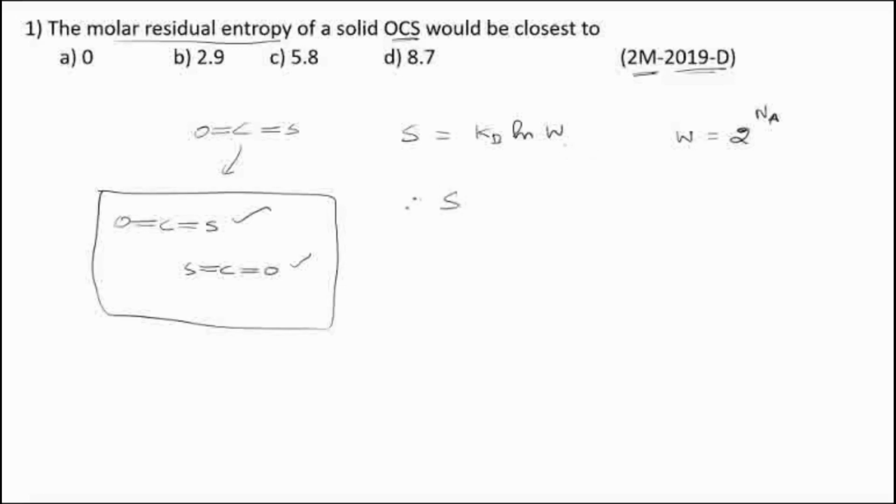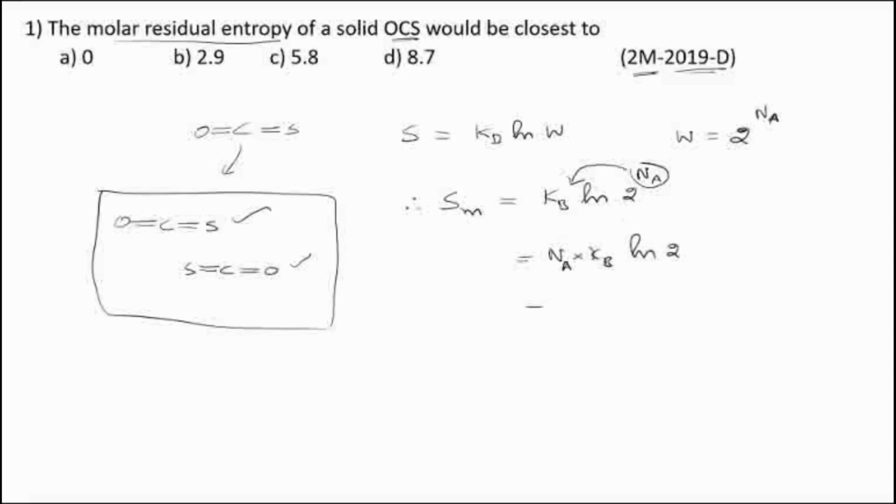Substitute this value here. Therefore S is equal to, so now you'll get molar entropy, Kb ln W, where W is 2 power Avogadro number. According to the logarithmic power rule, you can bring this power to the front. So Avogadro number into Boltzmann constant into ln 2.